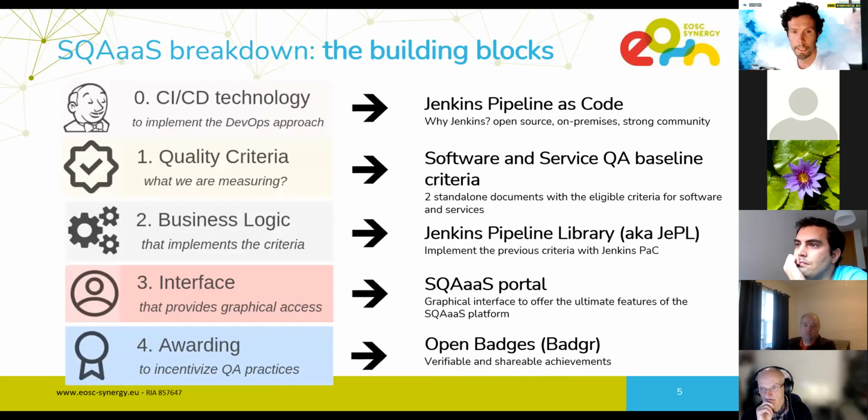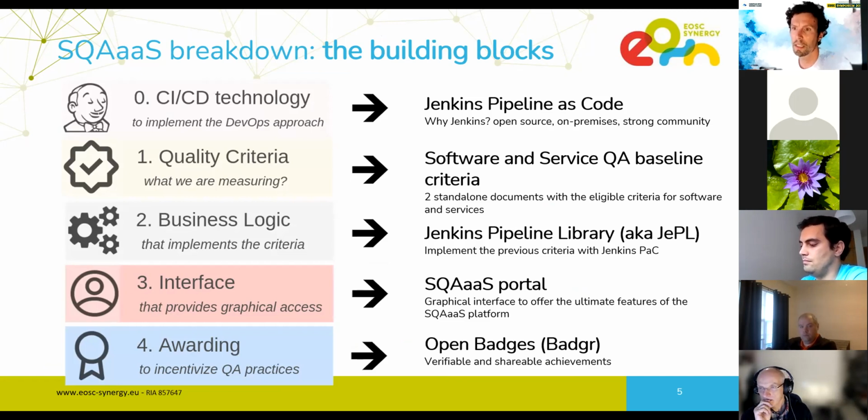Next slide. So delving into the building blocks that compose this platform, we first need to decide what CI/CD, continuous integration, continuous delivery technology we are using in order to implement the DevOps approach.